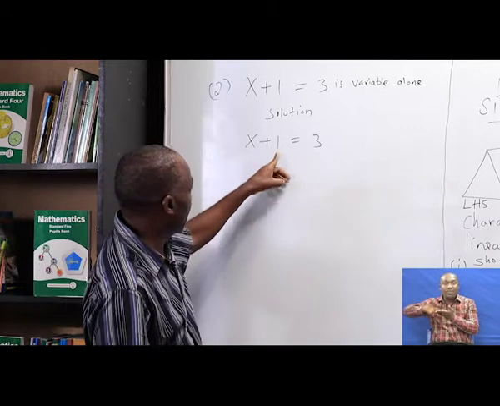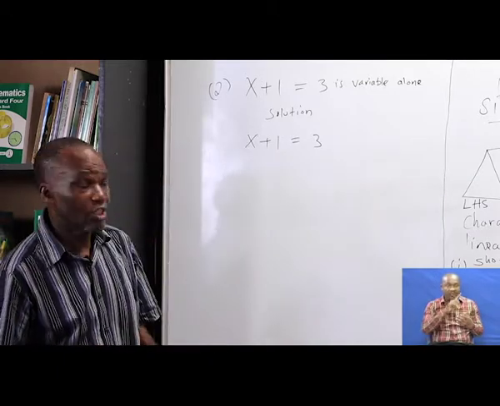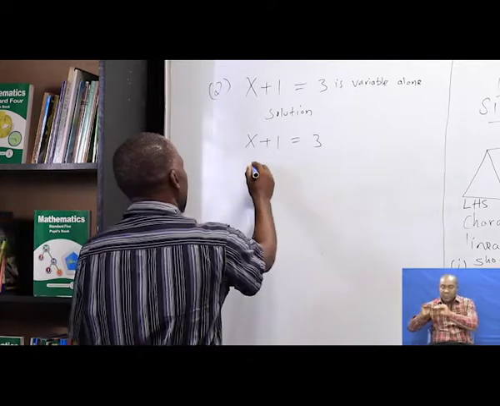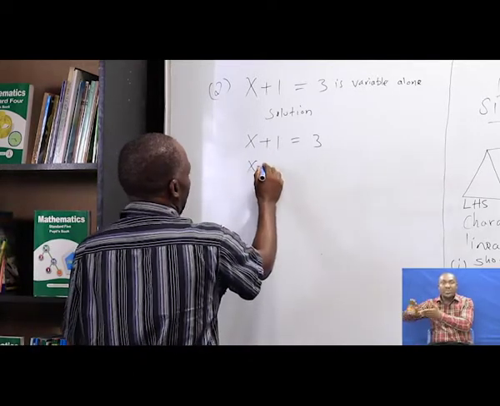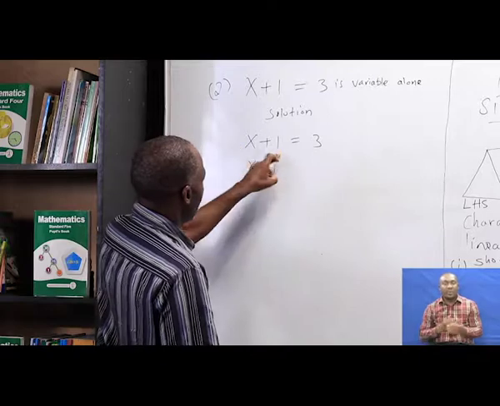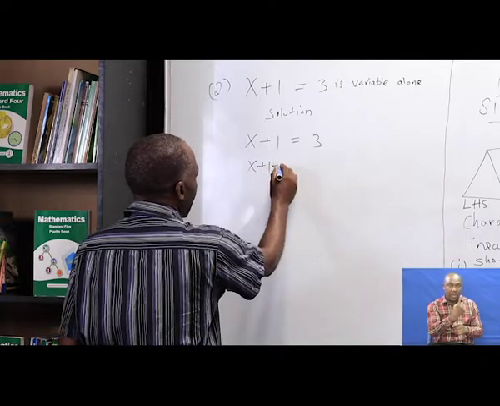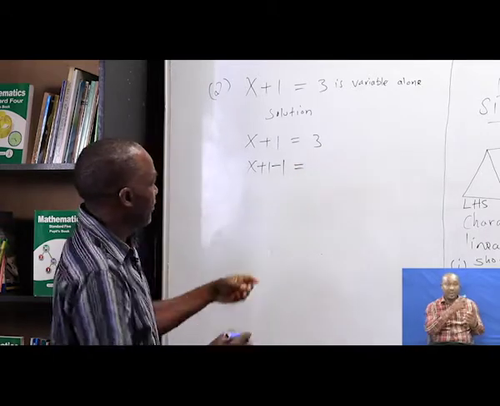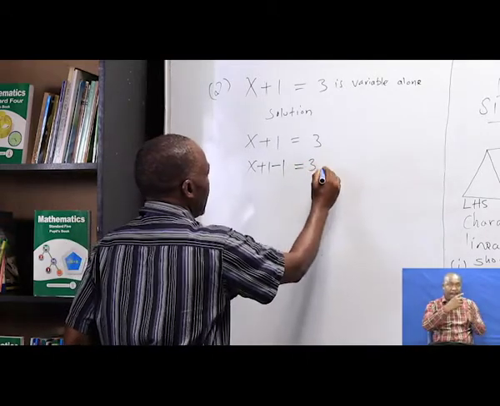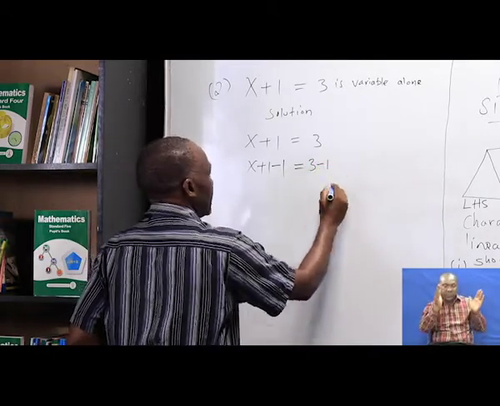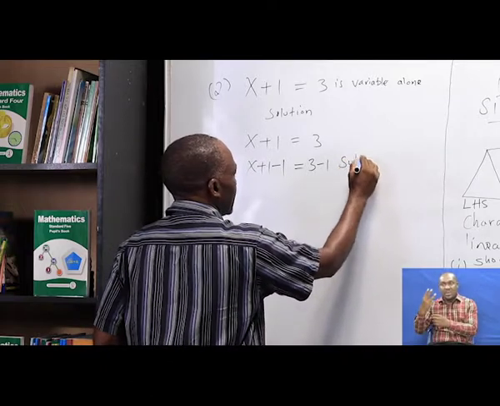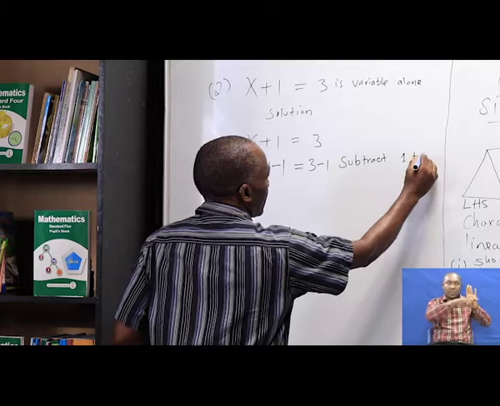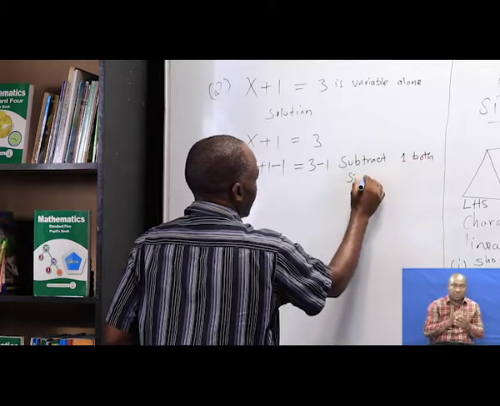If the equation is dealing with addition, you are subtracting. So you take x plus 1 as it is, minus 1, and on the other side it will be 3 minus 1. It means subtract 1 from both sides.